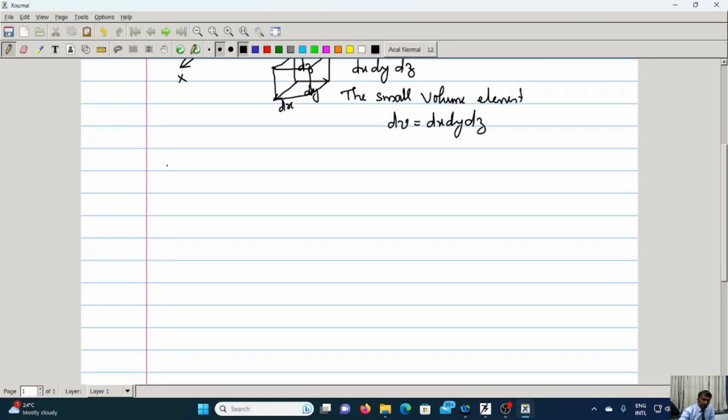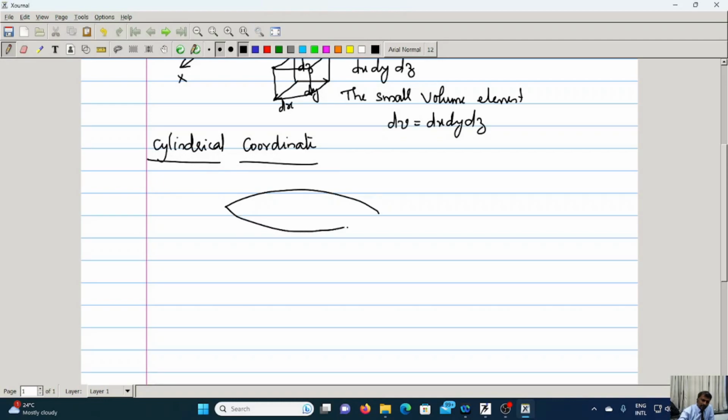Then let me explain the cylindrical coordinate system. In this cylindrical coordinate system, as we know, we have a cylinder like this, and we have a point here. This point has three components.